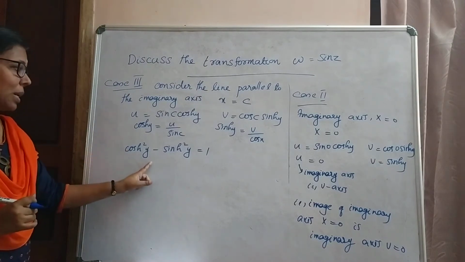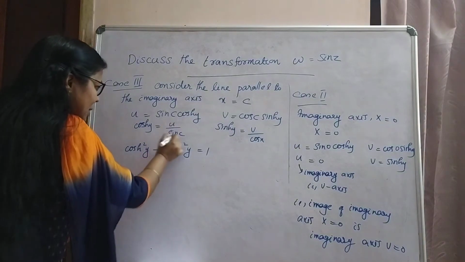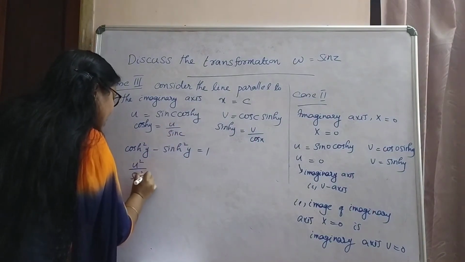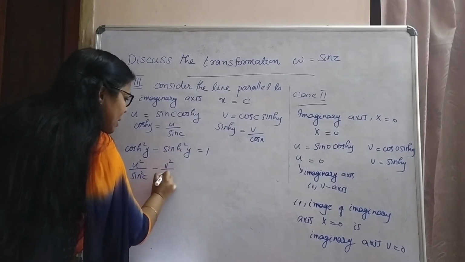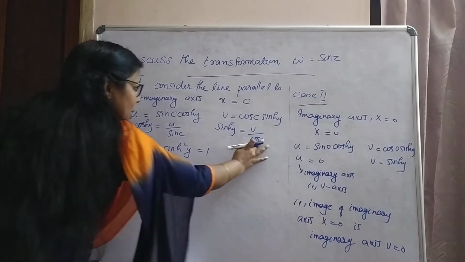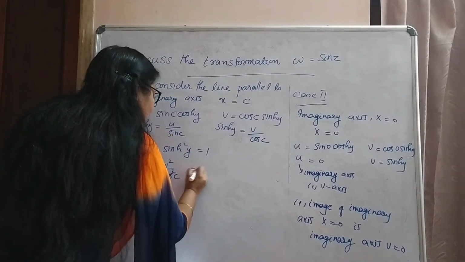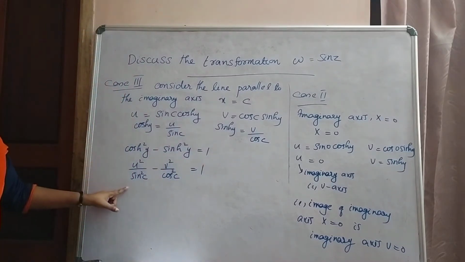Cosh square y is u square by sin square c, minus sinh square y is v square by cos square c, equal to 1.